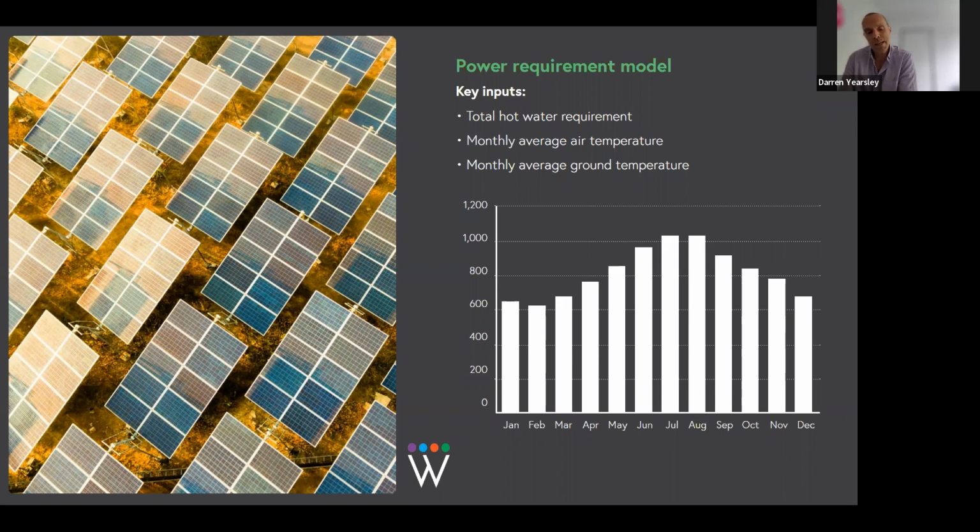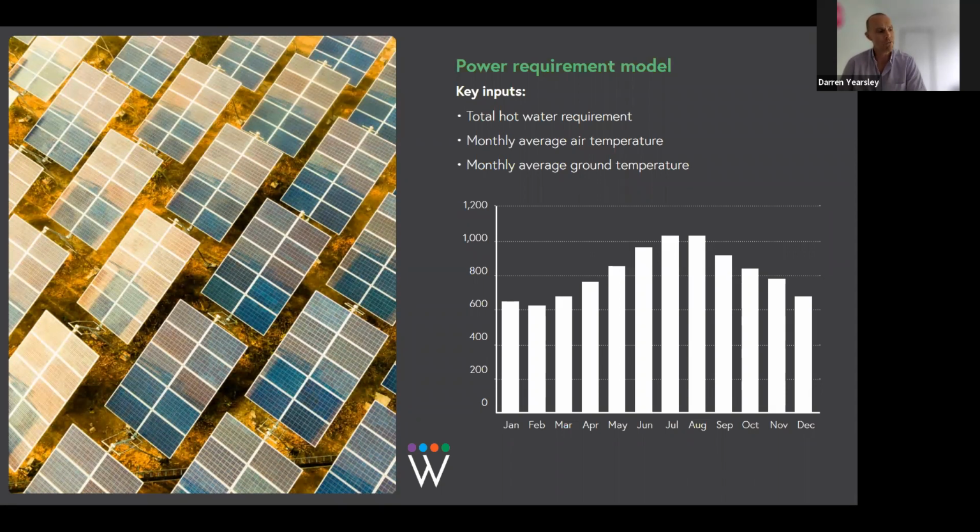Once we calculate how much water that is, we can then generate this power requirement model. Into the model, we take the total capacity, how much water we need. We take the groundwater temperature, how cold the water entering is, and that gives us our total amount of energy required because we're producing the water at 60 degrees C. We also use average air temperature.